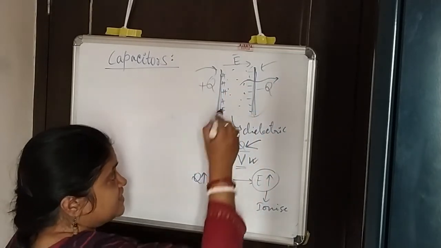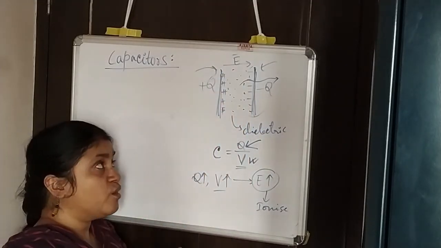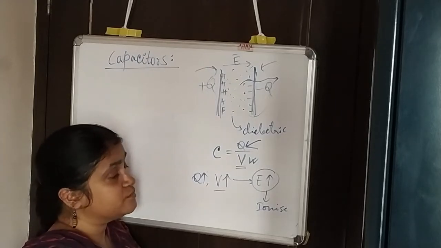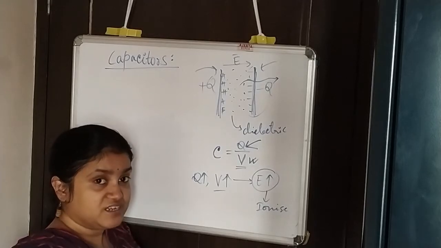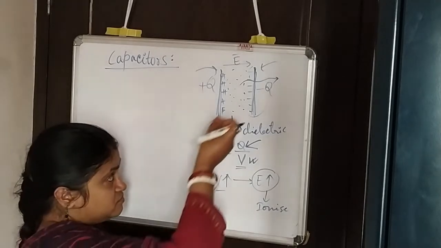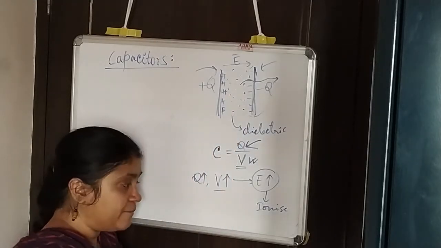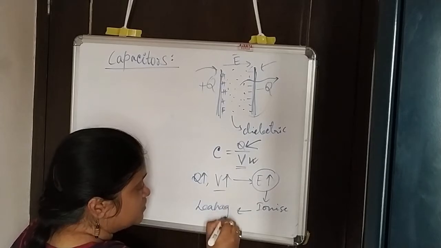It means that this dielectric media loses its property of dielectricity, or it loses the property of non-conducting the charge. So therefore there is a breakdown which happens, which results in leakage of the charge.